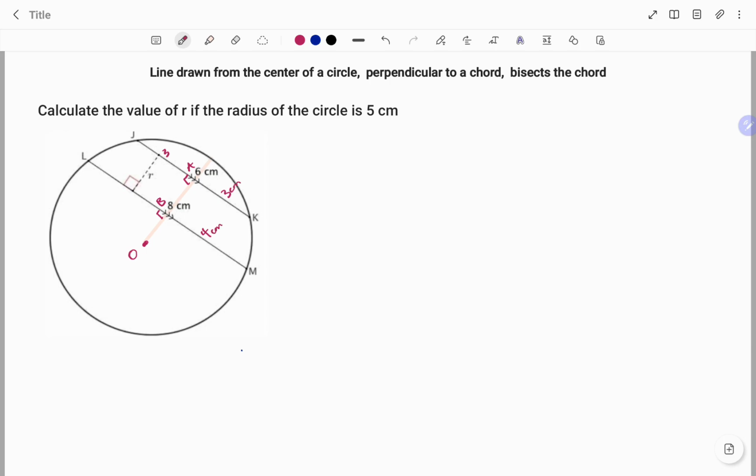I'm going to put the units, centimeters, and this is also 4 centimeters. This line is equal to this line, and this line is equal to this line, going by the circle theorem.